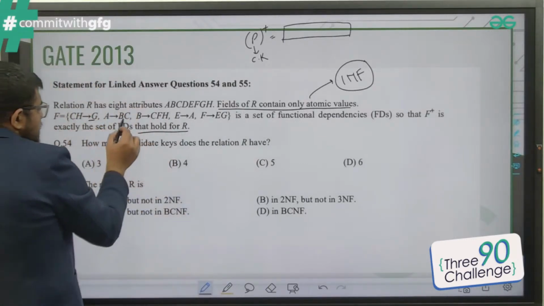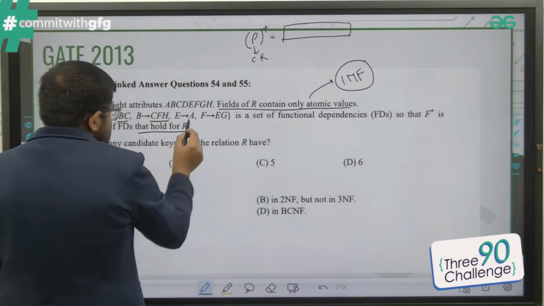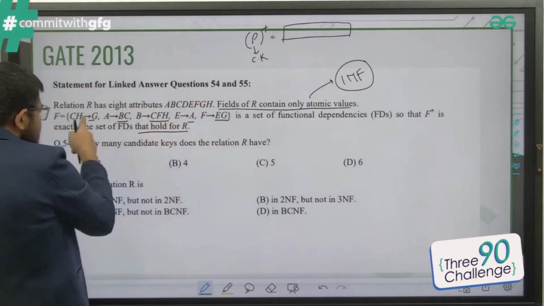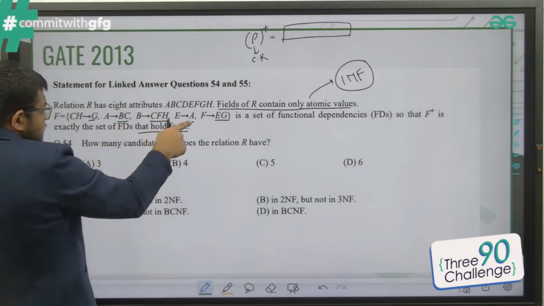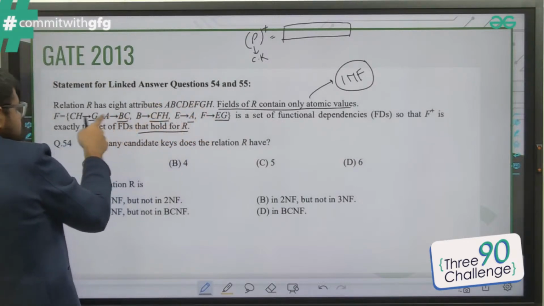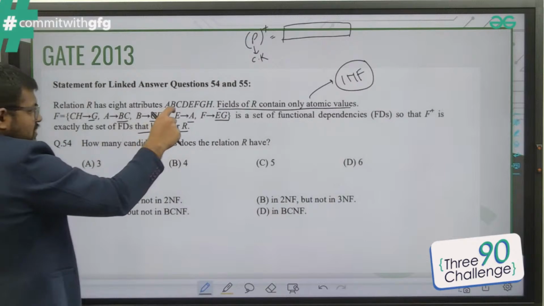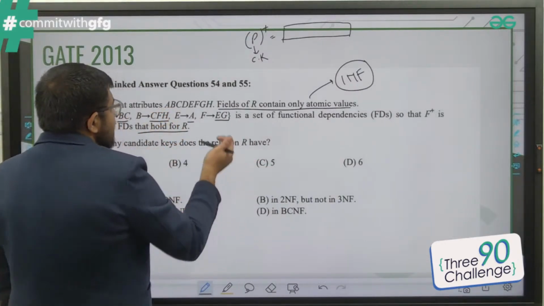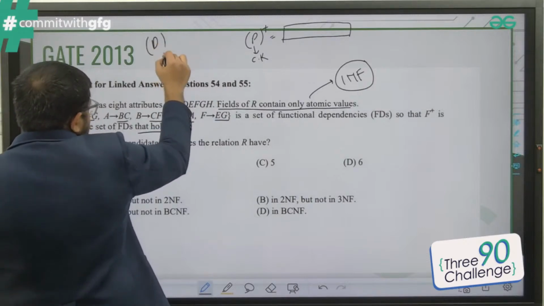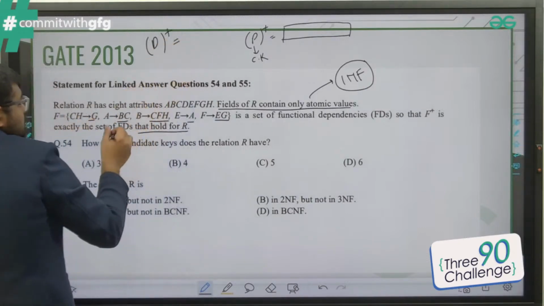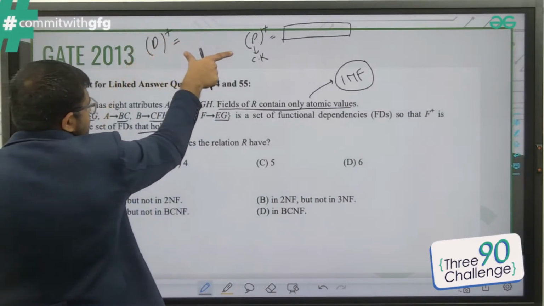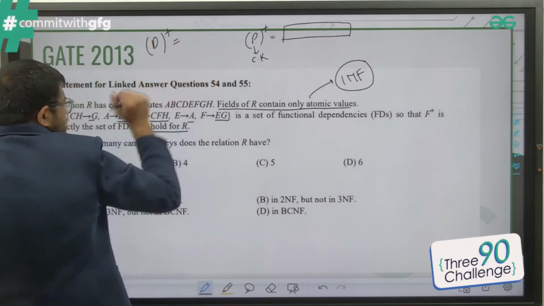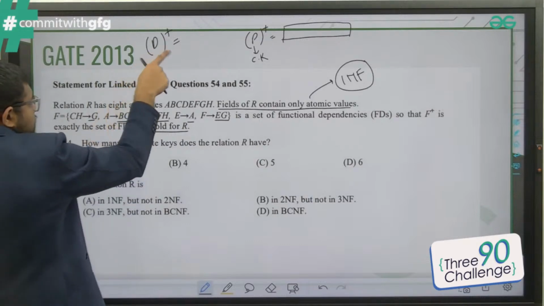G is present on the right hand side, BC is present, CFH is present, A is present, EG is present. D is not present, I think. So D cannot be determined by any attribute. If D cannot be determined by any attribute, then D will definitely be a part of my key, because my key can identify all the attributes. And if D is not there on the right hand side, D will at least be there in the key.